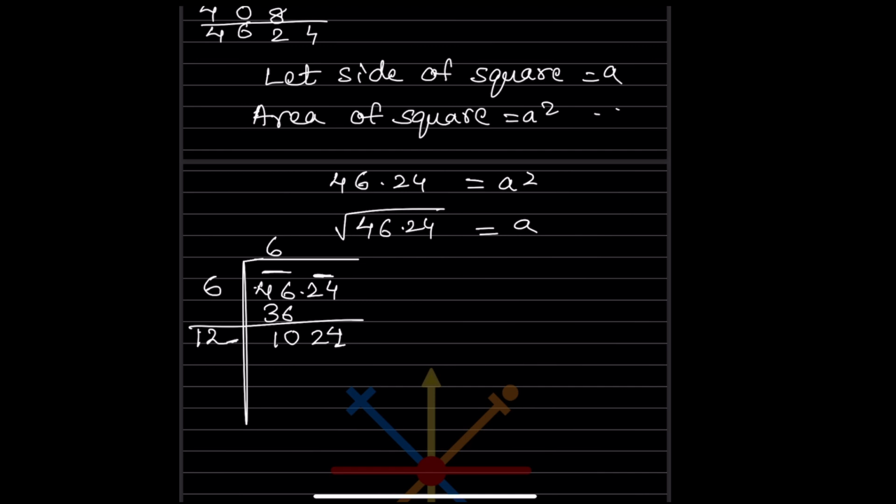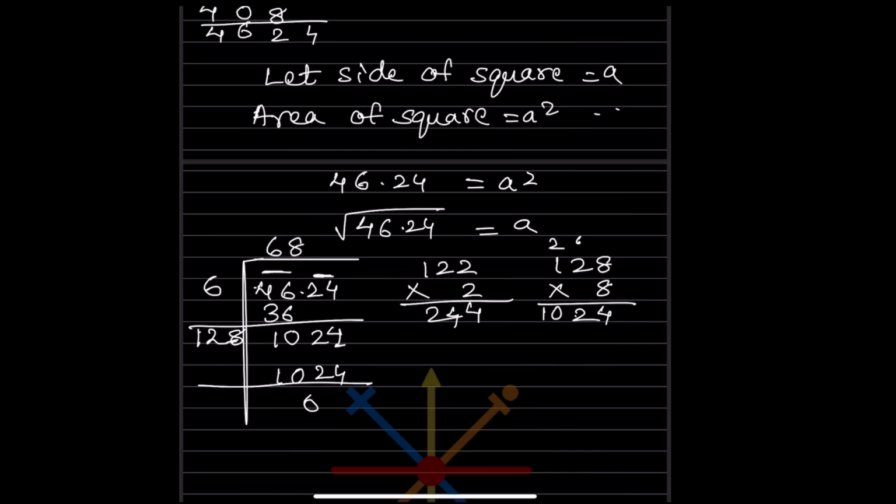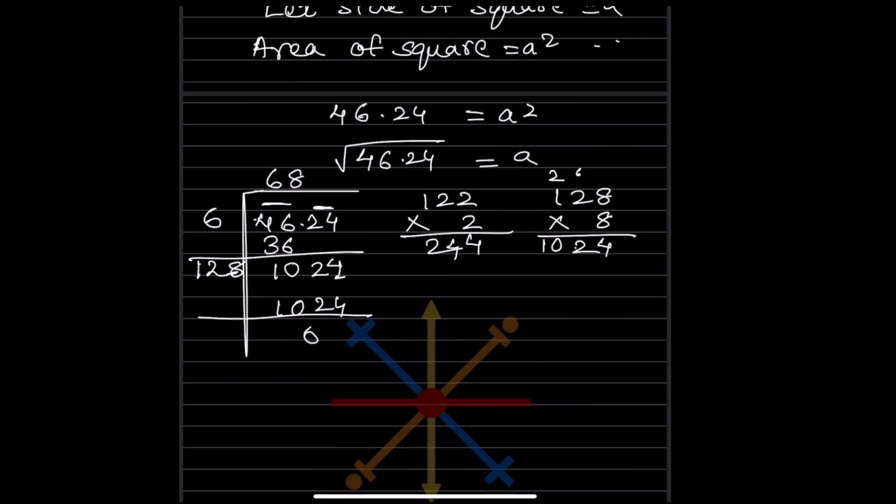Where do we get 4? 122 into 2, or it should be 128 into 8. So this should be 244 and this should be 1024. So here should be 8. So A is whatever we got here. It is a perfect square because the remainder is 0.